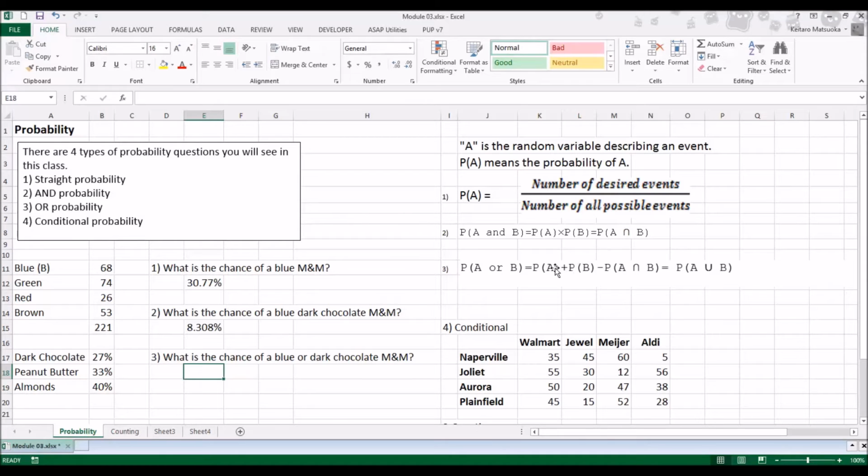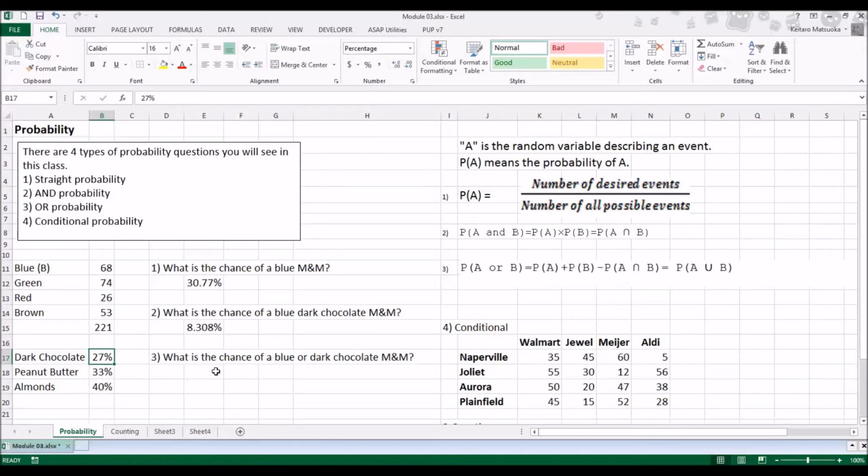So what's the P of A? In this case, that's a blue M&M, which we have up here, 30.77%. What's the chance of a dark chocolate M&M? Well, that's 27%. Minus P of A and B together. That means blue and dark chocolate. What would that be? Well, if you look at number 2, that's what we just did in number 2.